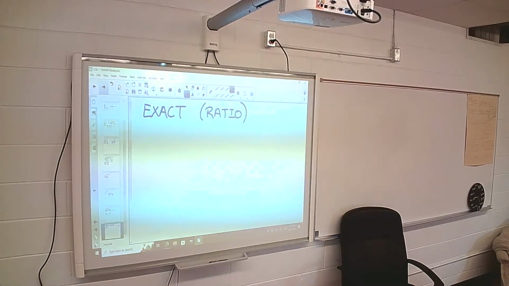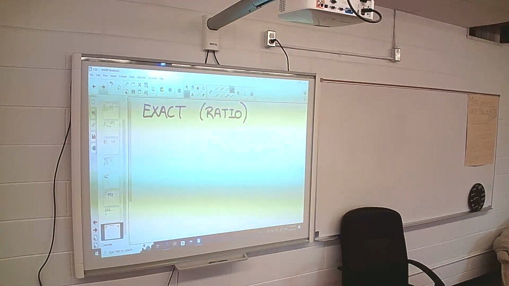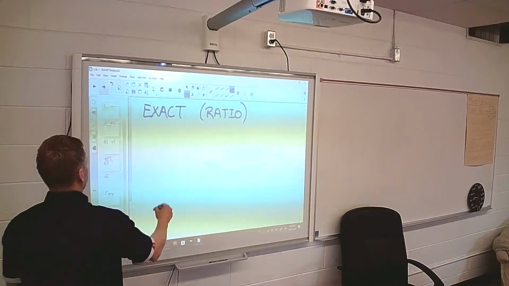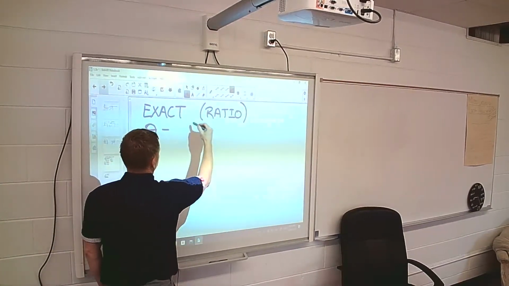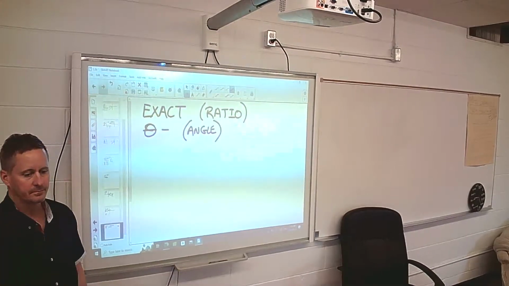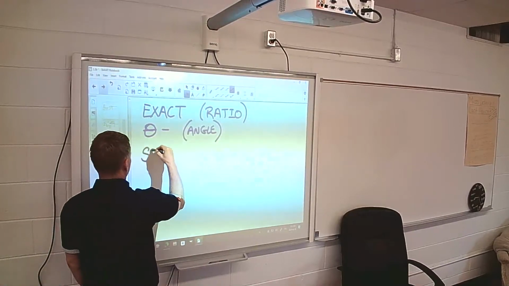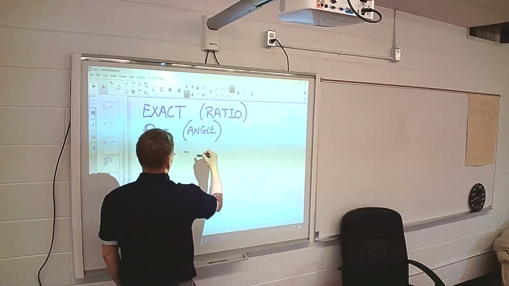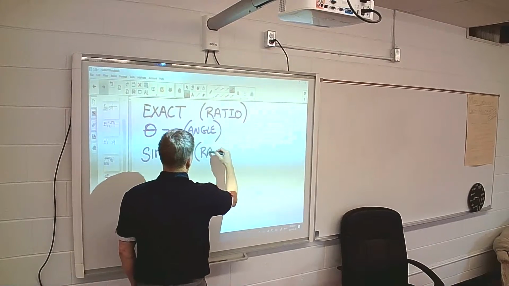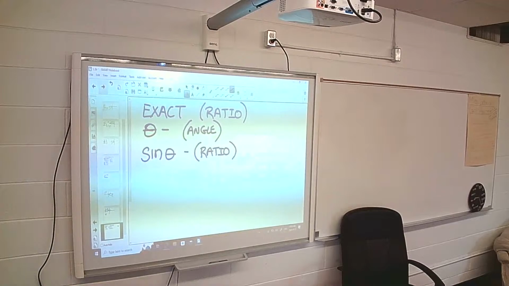Maybe it's on the unit circle, which would mean it's either the x or the y coordinate. Or you're drawing a triangle and you're finding the sine, the cos, and the tan. Otherwise, you're asked for an angle. If they want to know what sine theta, cos theta, tan theta is, they're looking for a ratio again.